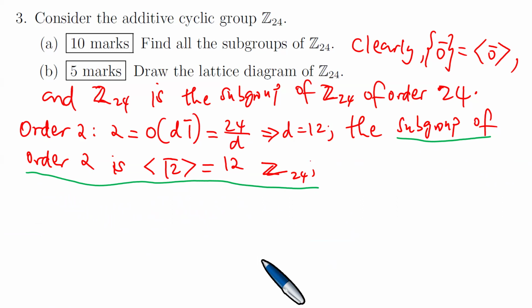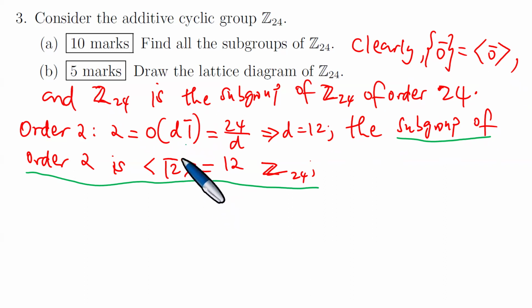Now we continue, because we are looking at the divisors. It's going to be very apparent, because we said this line in the beginning is very important: the subgroup generated by 0 bar and 24 is the subgroup of Z24 of order 24.